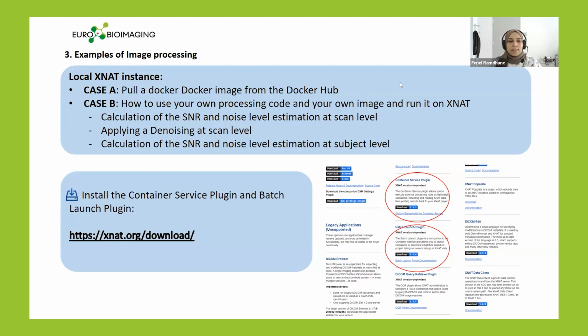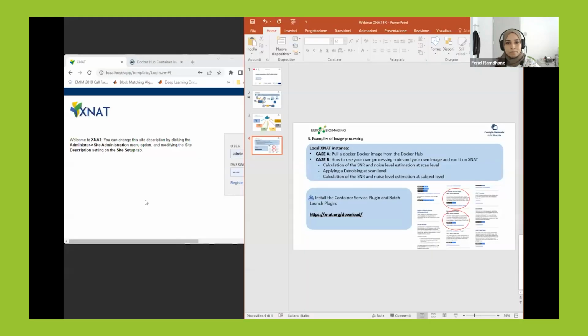Of course, you can find these plugins on the XNAT website, at the following link. And once the installation is done, you are connected to your local XNAT, and you can start. So I will move to my XNAT.